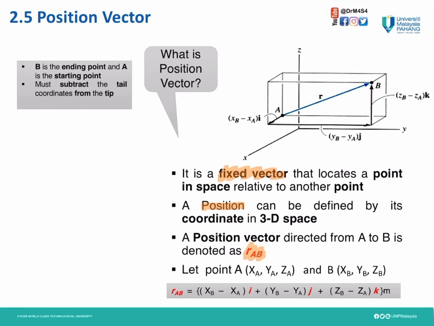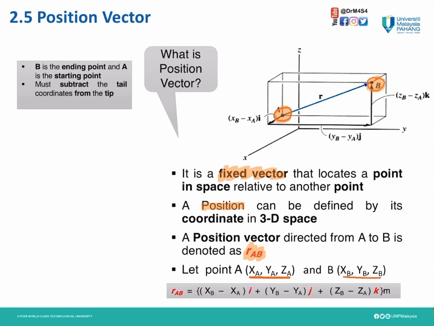Let's have a look at points A and B, where B is the ending point and A is the starting point. For both points, we can identify the coordinates, which for A is XA, YA, ZA, and for B is XB, YB, and ZB.